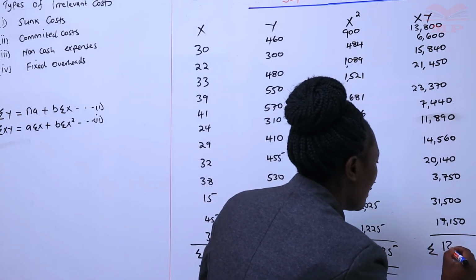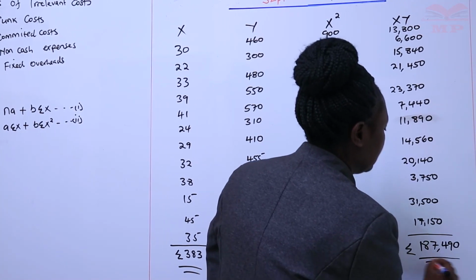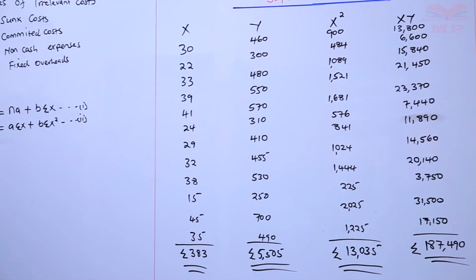This will give us 187,490. So from here, we now apply the formula.